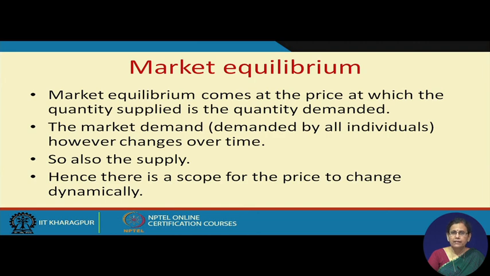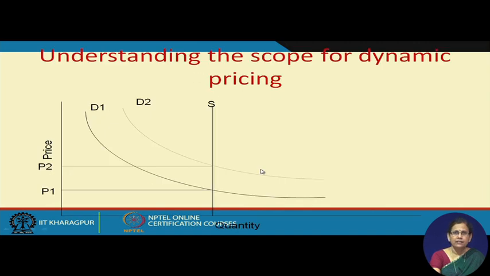So, if the price is determined because of the equilibrium of demand and supply, and if the supply and demand change over time, the price has to change. However, traditionally the prices are fixed, keeping supply fixed.